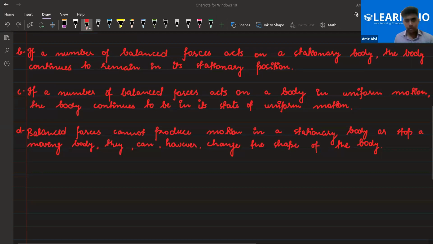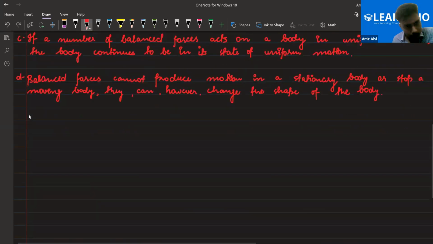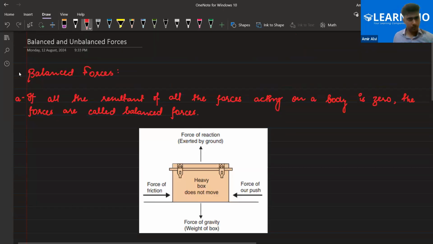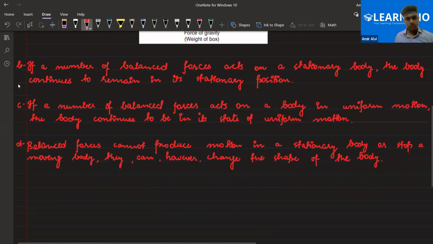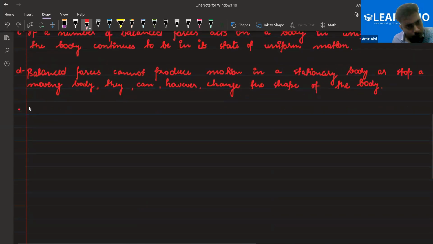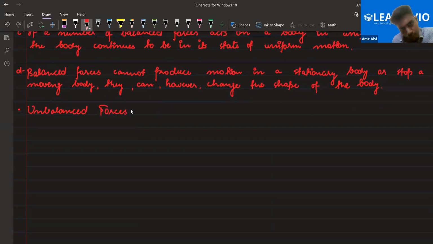So let's talk about the unbalanced forces now. Unbalanced forces, as I've told you, are when the resultant of all the forces acting on a body is not zero.